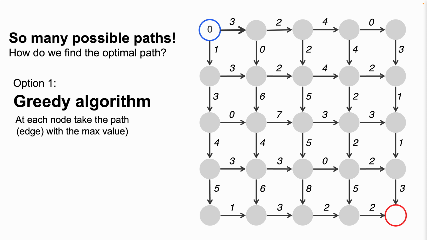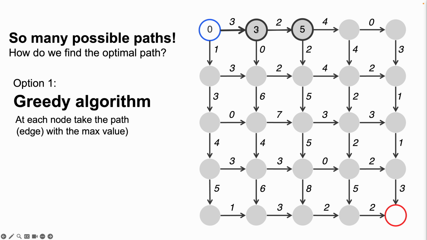Option 1, called greedy algorithms. Okay. And so what that means is from every node, you're going to take the edge with the maximum value. So, right, in that case, we've got 2 options. From the origin node, we can take an edge that is a score of 3 or a score of 1. Okay, we take the one that says 3.